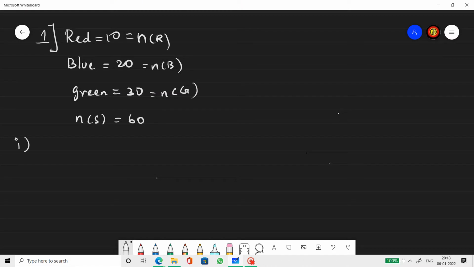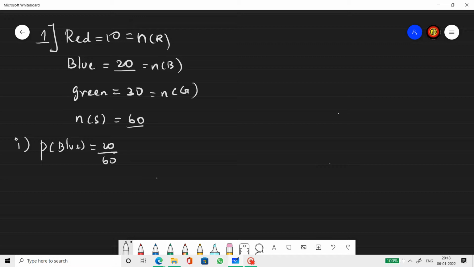So these are the information given in the question. The first part of the question is find the probability of selecting 5 blue marbles. Now, the probability of selecting one green marble or one blue marble would be 20 out of 60. If the question is find the probability of selecting one blue marble, it would be 20 out of 60.